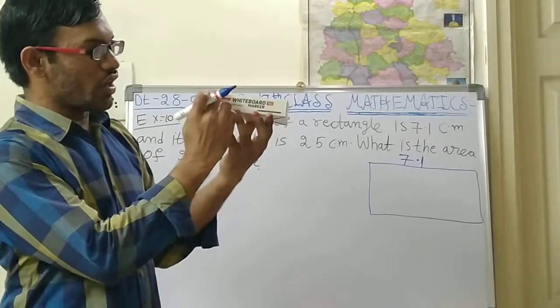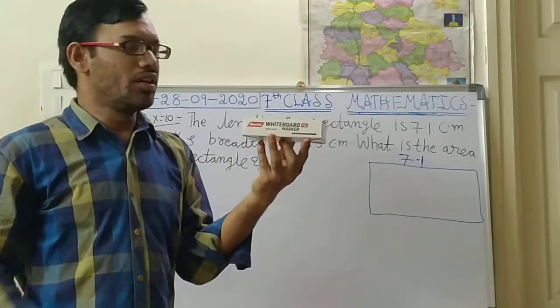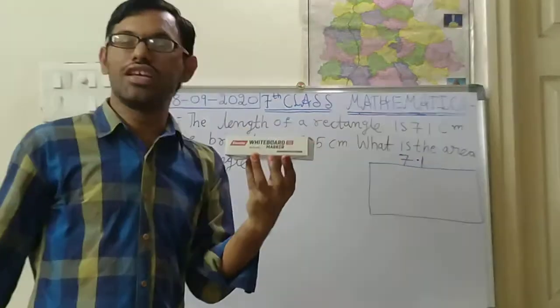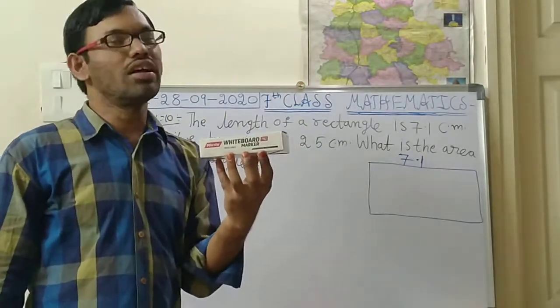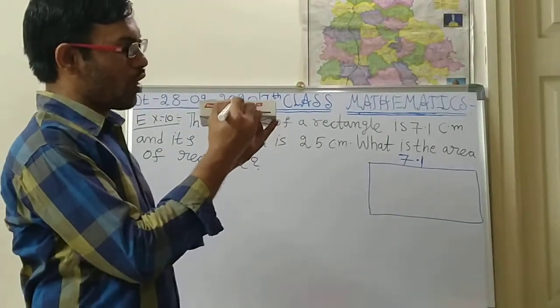Length means the longest side. The longest side of any figure is called length. So that length is given as 7.1.